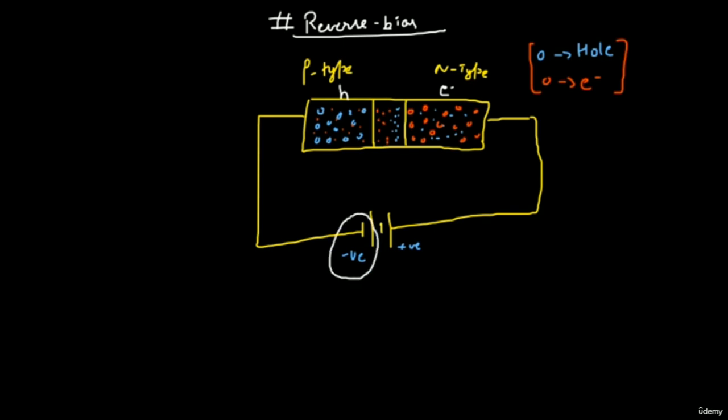The negative terminal is connected to the positive side, the hole side, and the positive terminal is connected to the negative side, the electron side. This is what is known as the reverse bias. In the reverse bias, this region actually expands, and we are going to discuss that in the next one. But this is all about the reverse bias that you need to know for now.